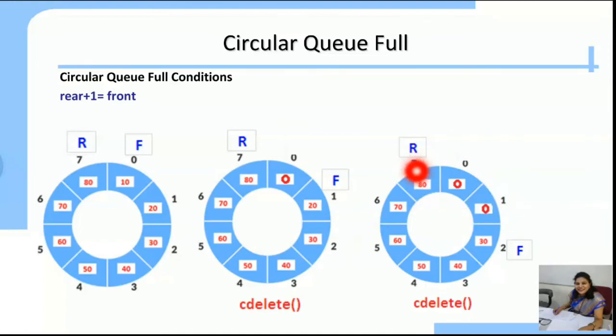After reaching the last position, the insert operation checks whether there are empty places at the front side or not. If there are empty spaces at the front side, then rear will point to 0. So we are going to perform the insert operation, and this insert operation will insert the element at the 0th location.